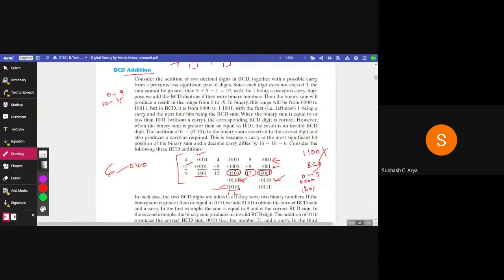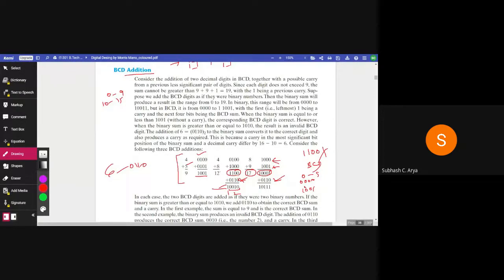No. Okay, sir. Okay. 4 plus 5 added, 9 is coming. So 9 is the correct form. It is a valid BCD number. Here, suppose we want to add two numbers, 4 and 8. What will be the answer? Normally in binary this is 12, which is 1100.